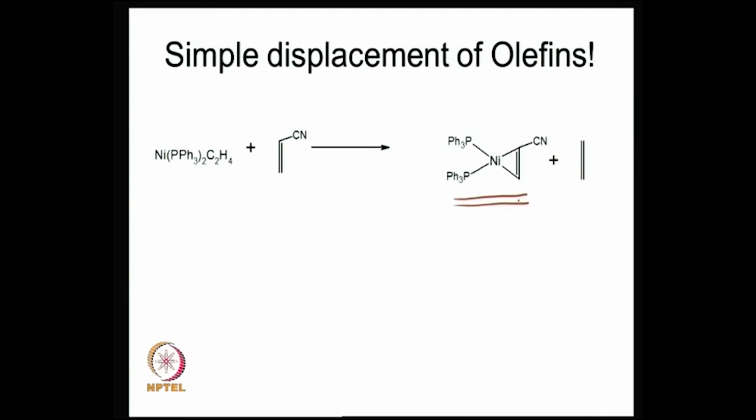If you put an electron withdrawing substituent on the ethylene, this leads to greater stabilization, because the pi star orbital on acrylonitrile is at a lower energy level, and from the nickel the electron density can flow into the pi star orbital more readily, and so the back bonding is greater in this instance. So, the greater degree of back bonding in these complexes leads to greater stability.